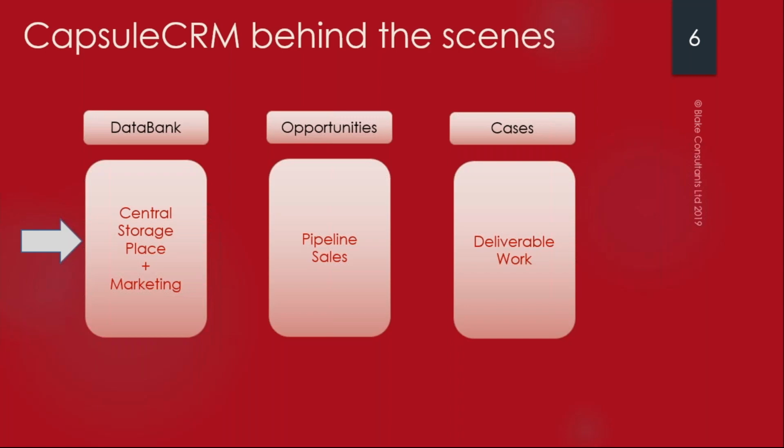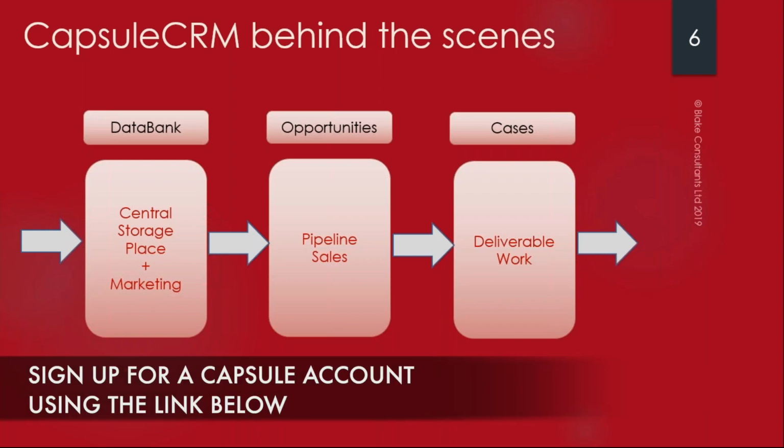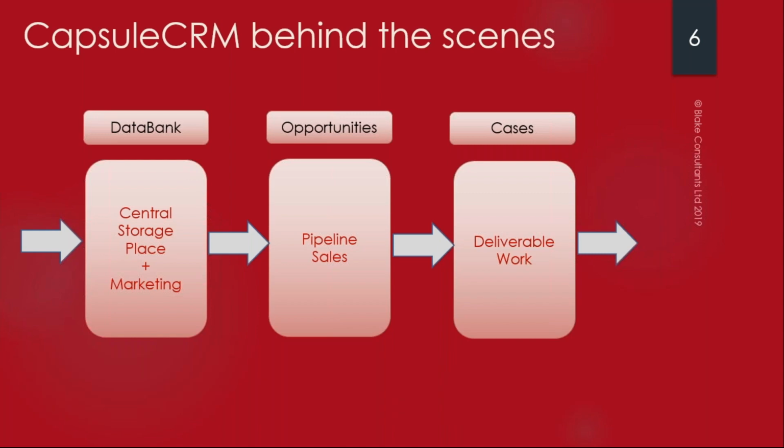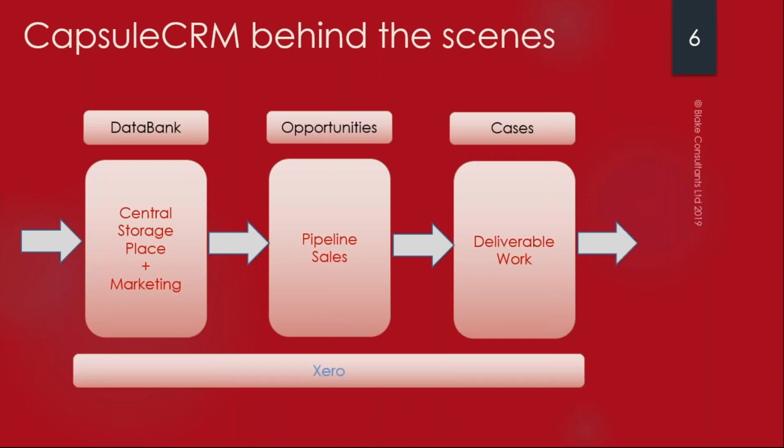So they will come in at the data bank stage, and then hopefully we'll move them through opportunities, and then hopefully they'll convert and become a client. And then the whole thing can start again, and you can think about encouraging people along your product staircase so that you maximize the lifetime value of that client to you and offer them a really great service, and they'll be exceptionally happy with you.